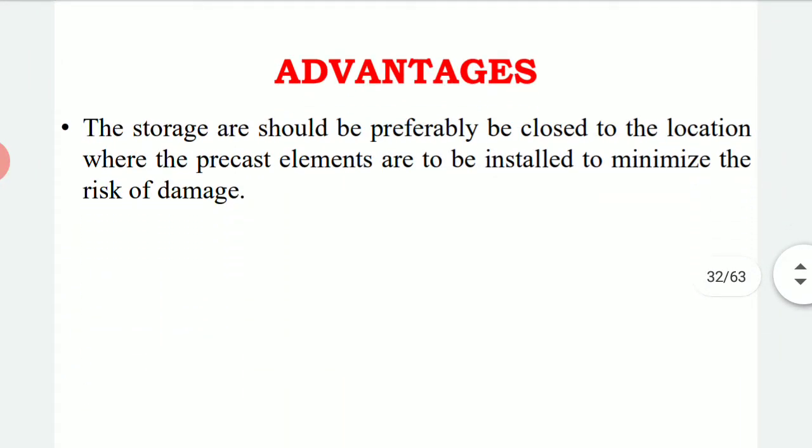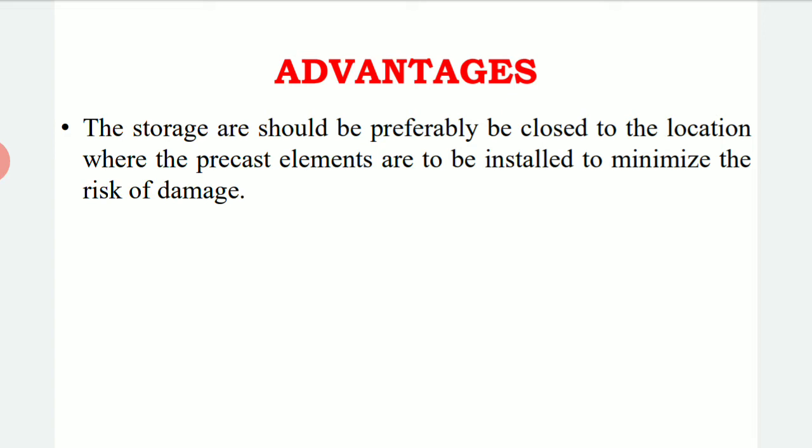The storage should preferably be close to the location where the precast elements are to be installed, to minimize the risk of damage. The rate of damage depends upon the distance from the storing yard to the required location where it is going to be installed, right?